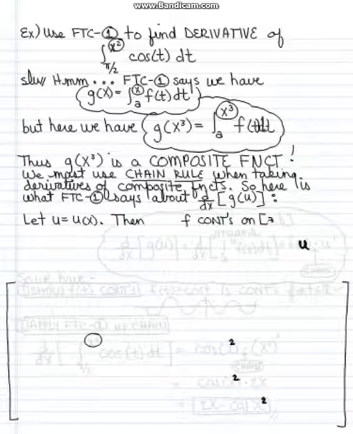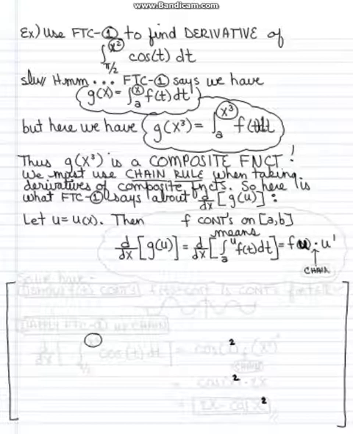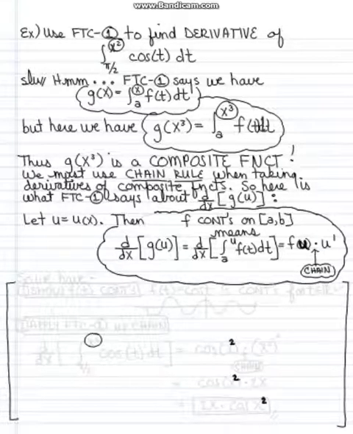Then the fundamental theorem says if little f is continuous on the interval from a to b, then the derivative with respect to x of the integral from a to u of f of t dt equals f evaluated at u times u prime. You hit it with the chain rule of the inner function u, which is also the upper limit on the integral in this case. So let's just shave it down to exactly how I would answer this question.